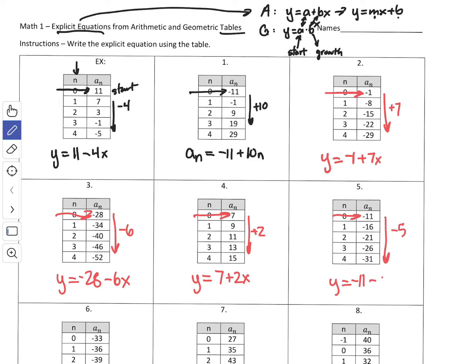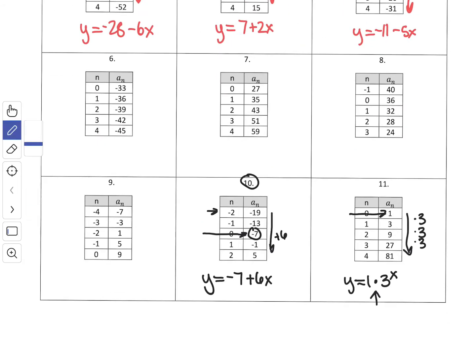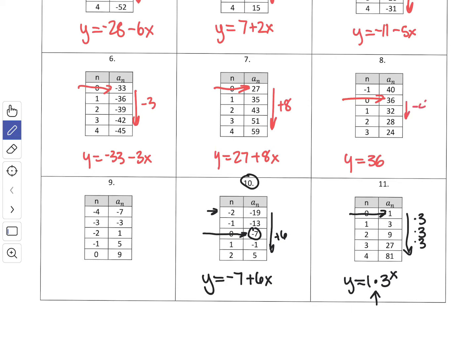Y equals -11 for my start, and my growth is subtracting 5, so minus 5x. Not too bad, is it? Start of -33, growth of minusing 3, so minus 3x. Start of positive 27, growth of adding 8, so plus 8x. Start not of 40, start of 36, and I am subtracting 4 each time, so minus 4x.